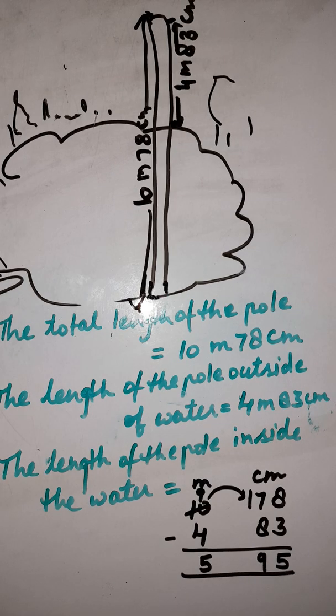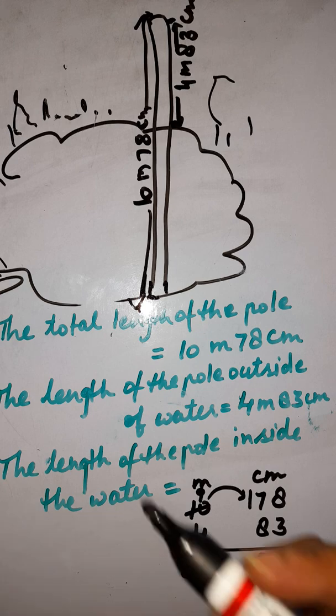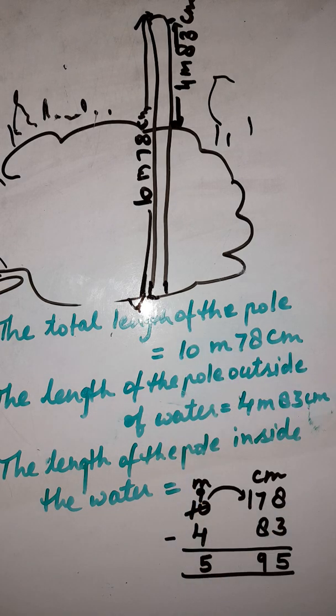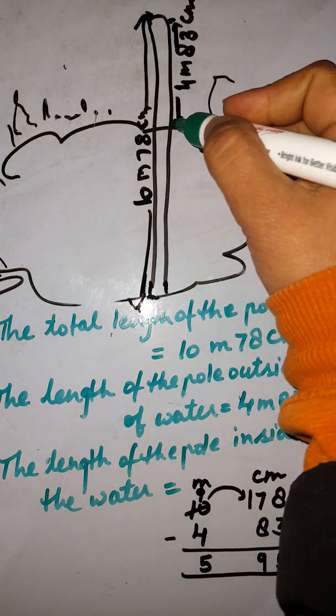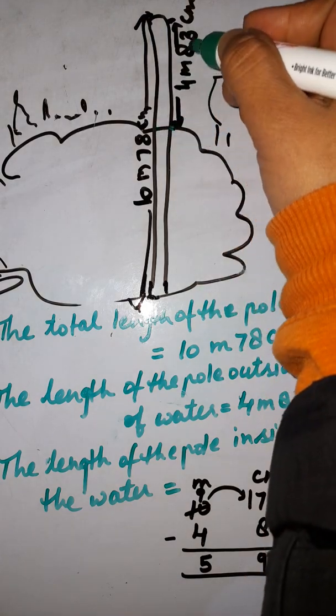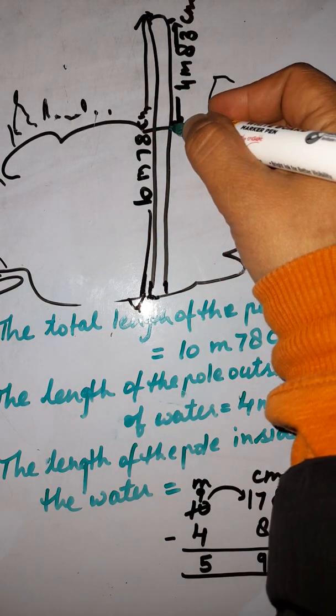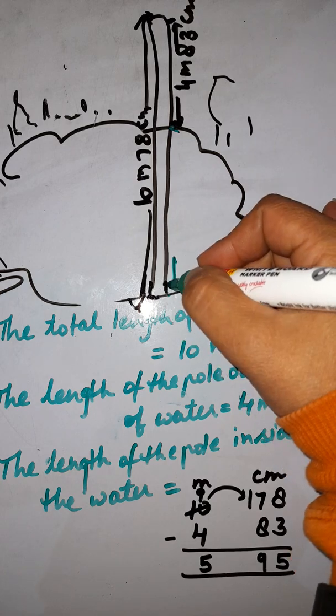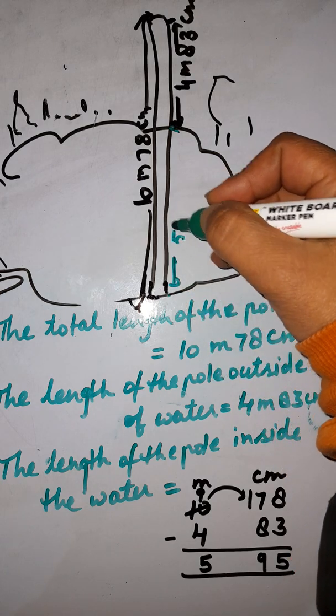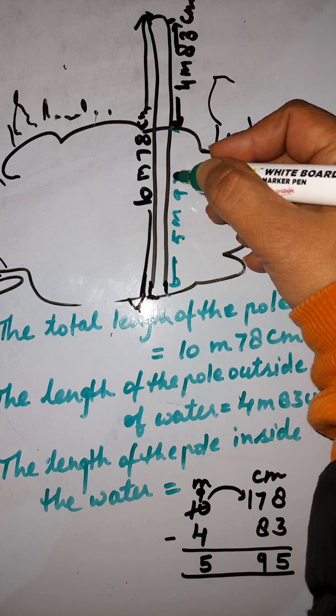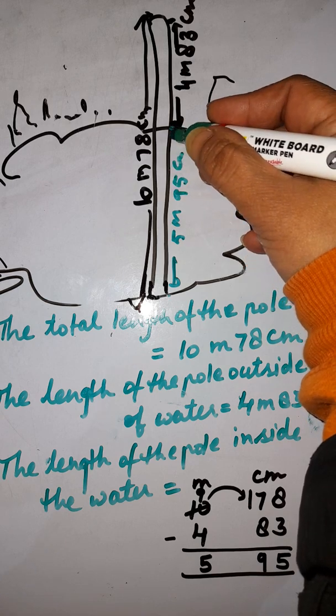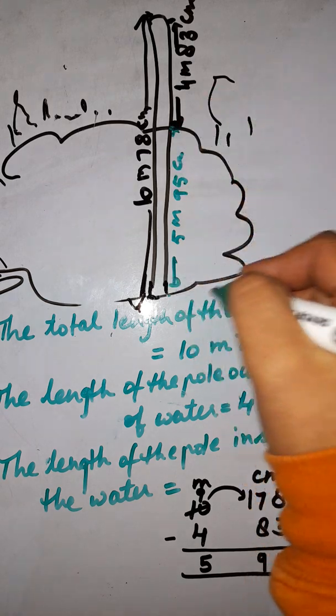So look here students, the length of the pole inside the water is 5 meter and 95 centimeter. Look at this portion, this is the pond. Outside 4 meter and 83 centimeter, so inside it is 5 meter and 95 centimeter. So this is the depth of the pond.